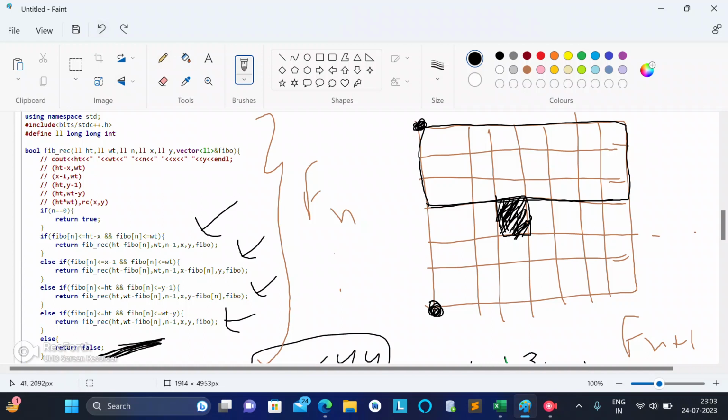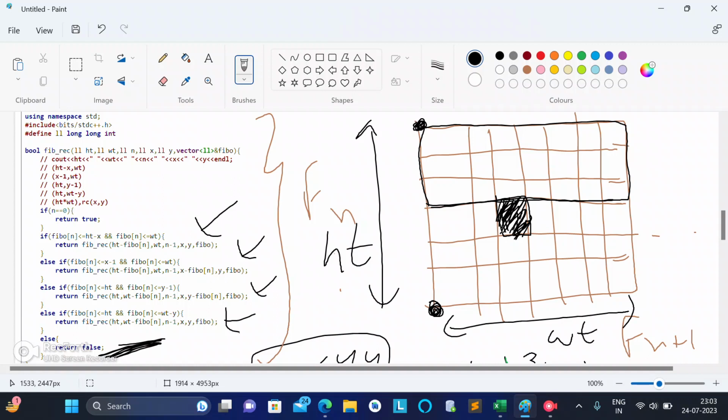So what we have done is, we have said Fibonacci of n should be less than or equal to height minus x. What I mean to say is, this length is Fibonacci of n. Wait for a second. This length is height actually, and this is actually my width.